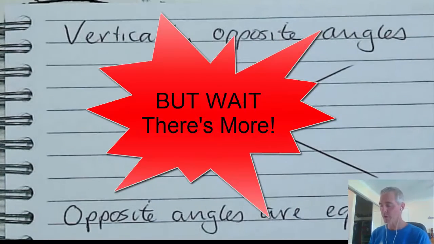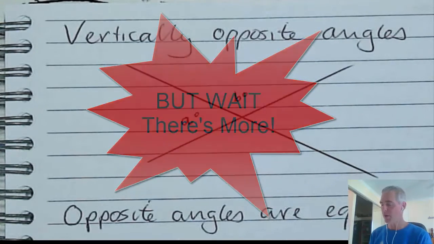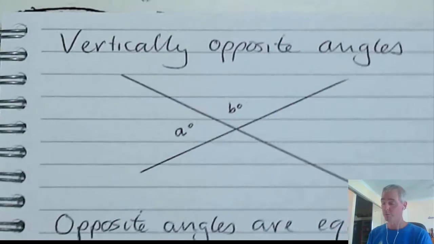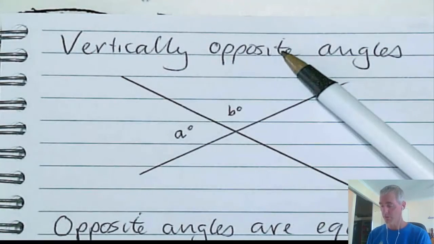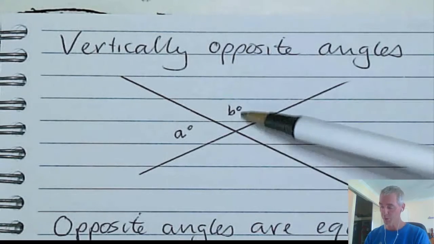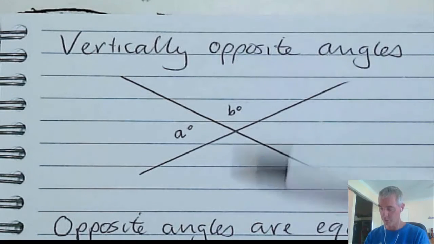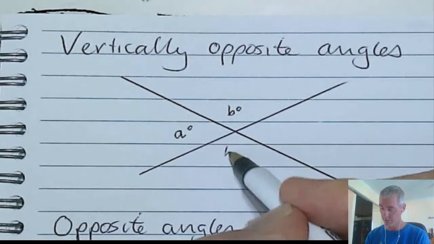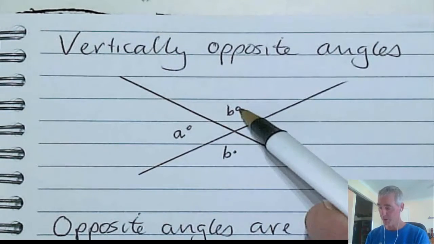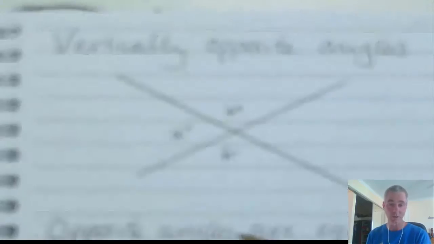You have some special angles that you may not actually know the numbers of straight away, but you can work it out. Vertically opposite angles. Things that are opposite each other, vertically they call it. This angle B is opposite to this angle straight across here, so it actually is a mirror or exact copy of it. I've got an angle B up there and I've got exactly the same one underneath it.